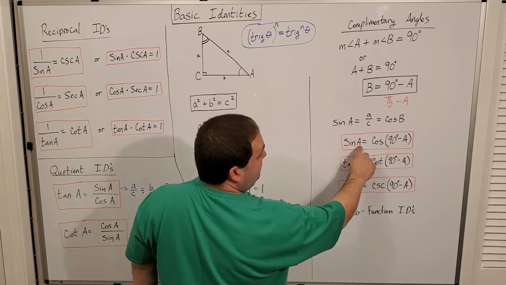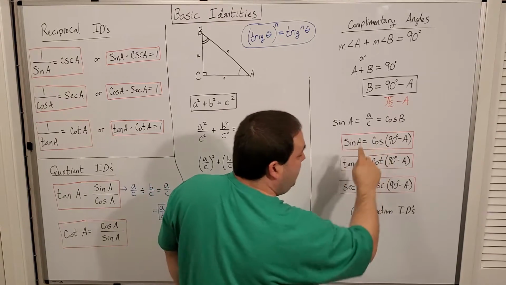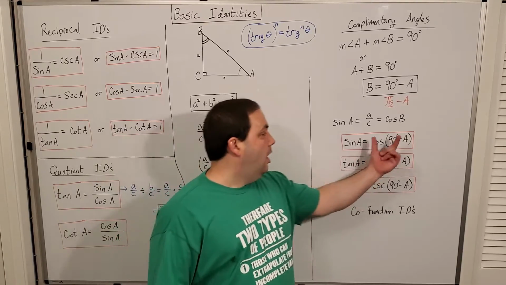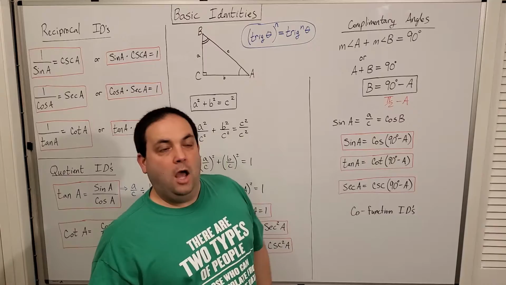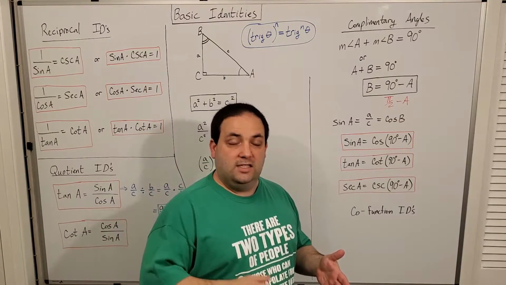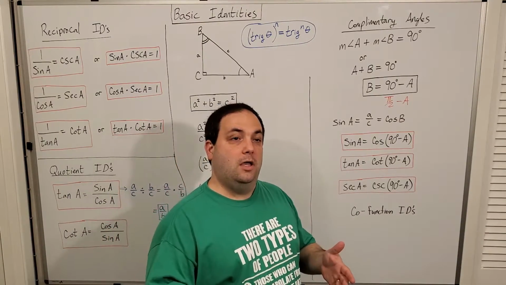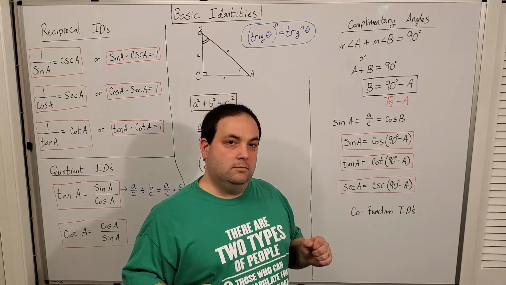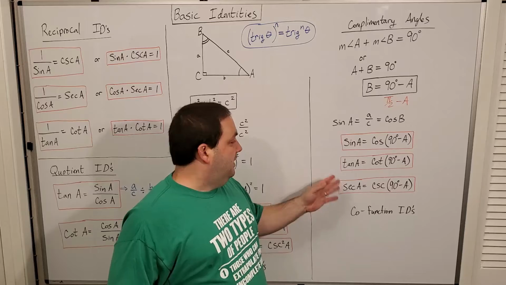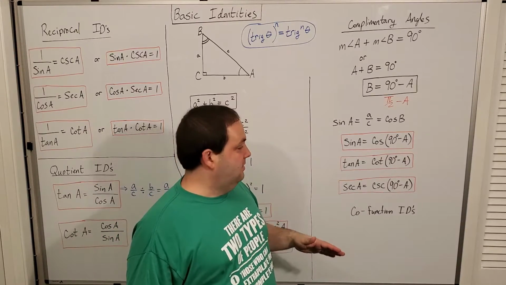The sine of some angle is equal to the cosine of its complement. The sine of 1 degree is equal to the cosine of 89 degrees, because 1 plus 89 is 90. This works for any of the functions.